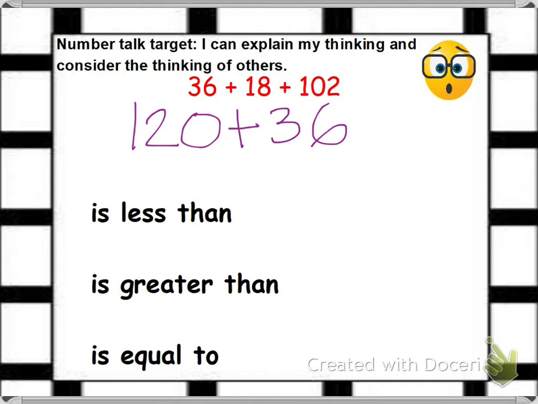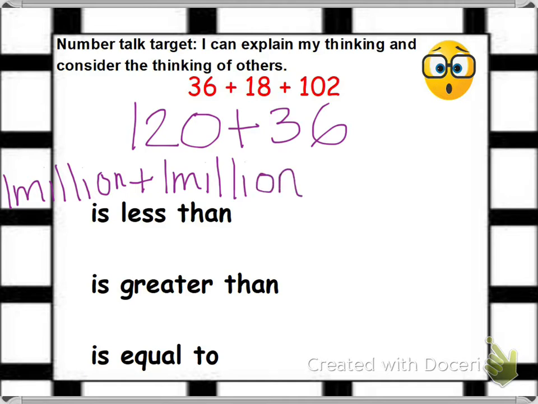All right, so I'm just going to do 2 for each. Of course, what you guys might have said may have been a little bit different. So 120 plus 36 is less than 1 million plus 1 million.